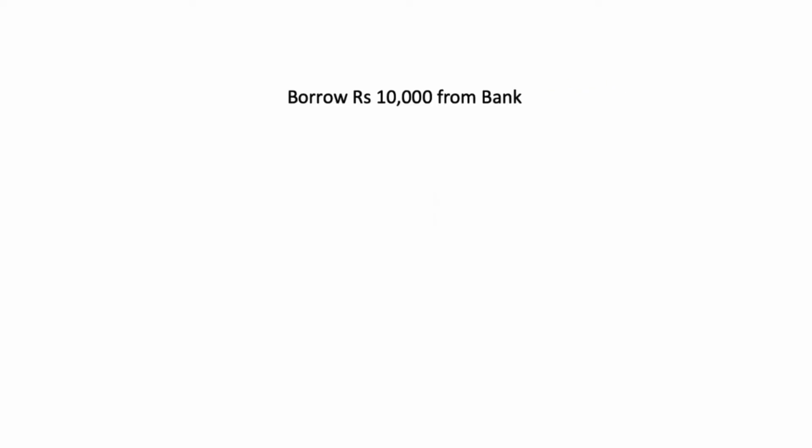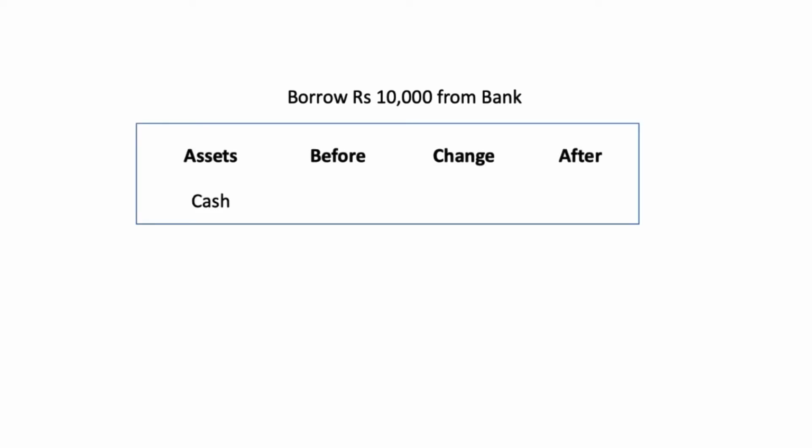When you borrow rupees 10,000 from a bank, on the asset side, your initial cash is 0. After the transaction, 10,000 rupees come in, so that is the change, and at the end you have 10,000 rupees as cash with you, which basically means your total assets are 10,000 rupees.